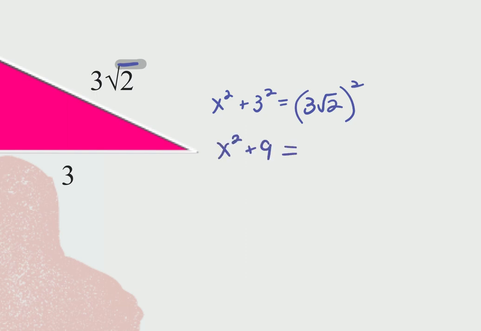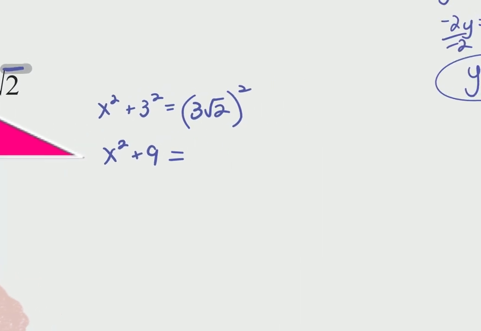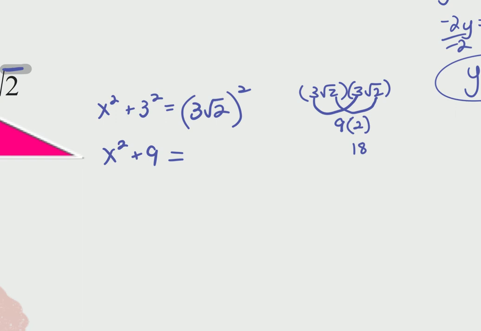And then there are two ways to do 3 square root 2 squared. You could duplicate it and multiply it out. So 3 root 2 times 3 root 2. Multiply the ones on the outside, that's 9. And square root 2 times square root 2 would be 2. And that would be 18. That's one way to do it.